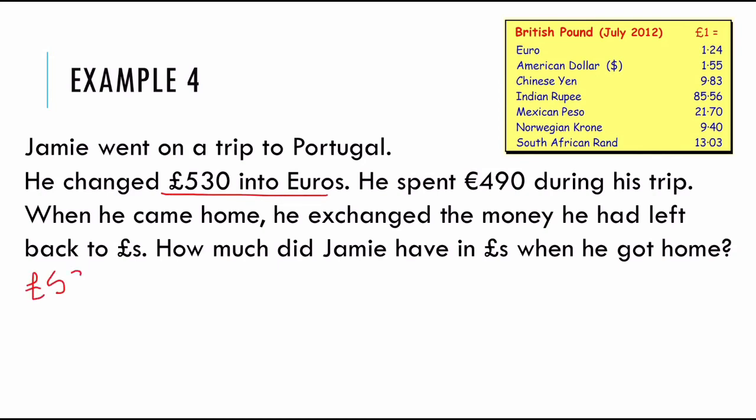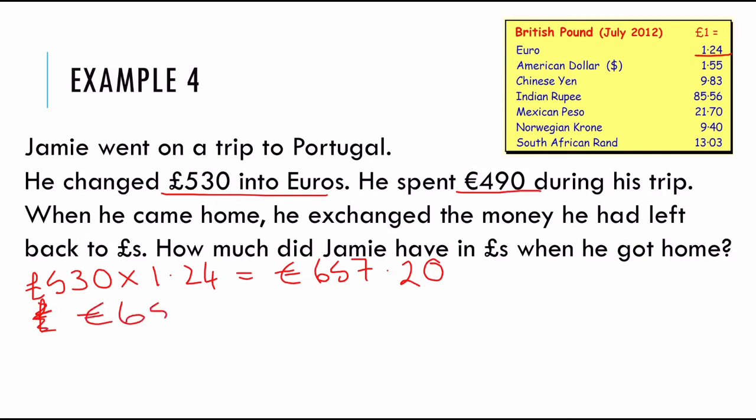We're changing out of pounds into a foreign currency. So we're multiplying by the exchange rate for the euro, which is 1.24. And that gives me €657.20. When he came home, he exchanged the money he had left back to pounds. So during his trip, he spent €490. So I'm going to subtract that away from what he took with him. So he took €657.20.